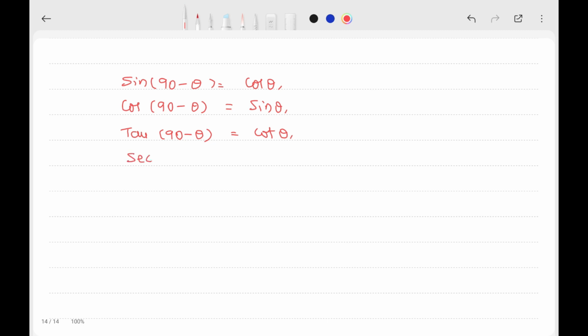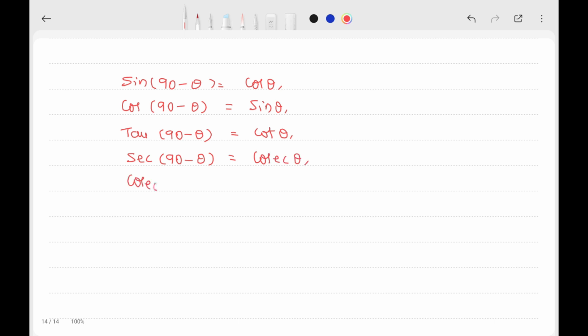Sin 90 minus theta is equal to cos theta. Cos 90 minus theta is equal to sin theta. Tan 90 minus theta is equal to cot theta. Then secant 90 minus theta is equal to cosecant theta.